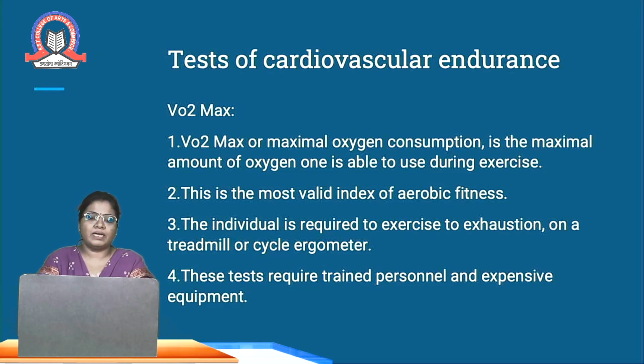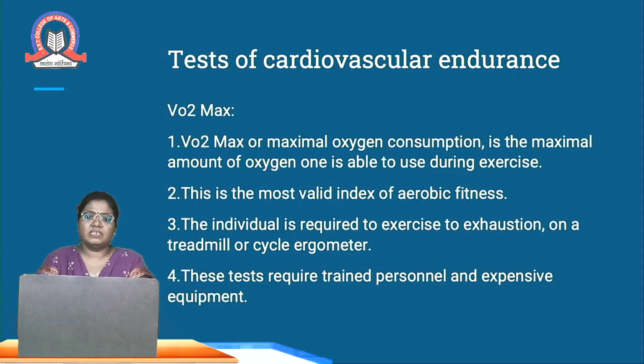So VO2 max, or maximal oxygen consumption, is the maximal amount of oxygen one is able to use during exercise, or pumping in the heart, measured in this VO2 test. This is the most valid index of aerobic fitness. Cardiovascular testing is related to aerobic fitness, so the aerobic fitness of the body can be measured this way.